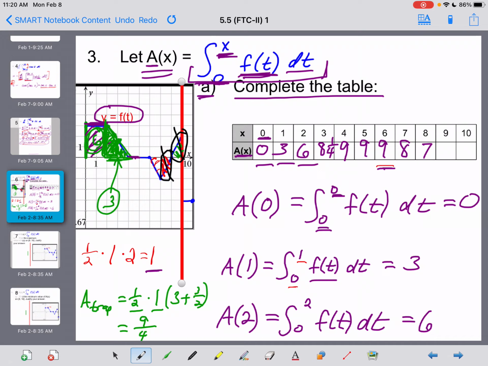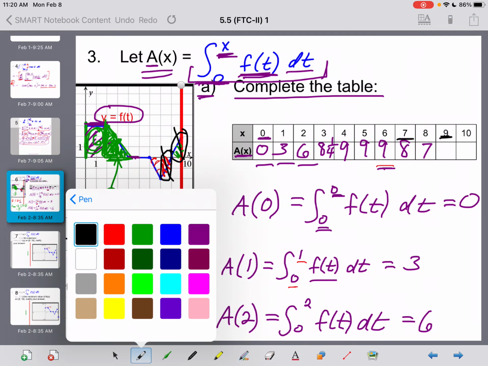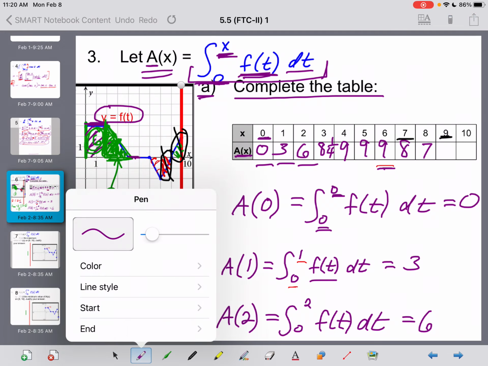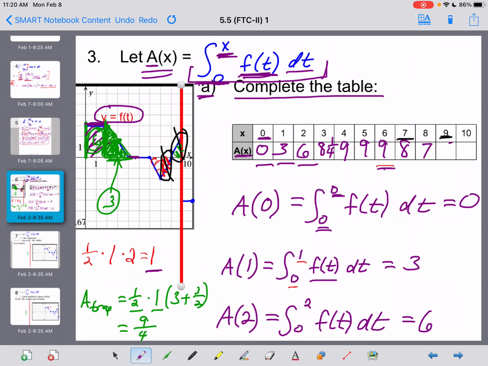So the value of a of 9 is going to be identical to the value of a of 7. Where we were 2 steps ago, well, we lost some more for a of 8, but then we gained it right back for a of 9. So this value for a of 9 will be the same as a of 7. That'll be 8.